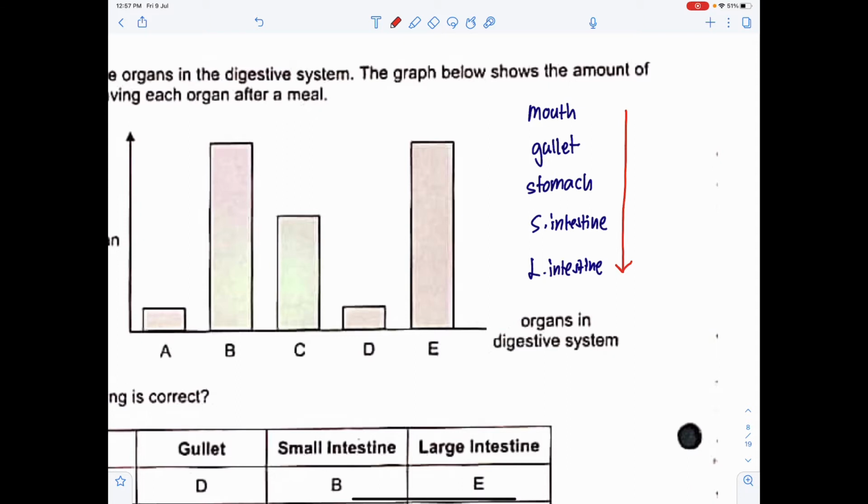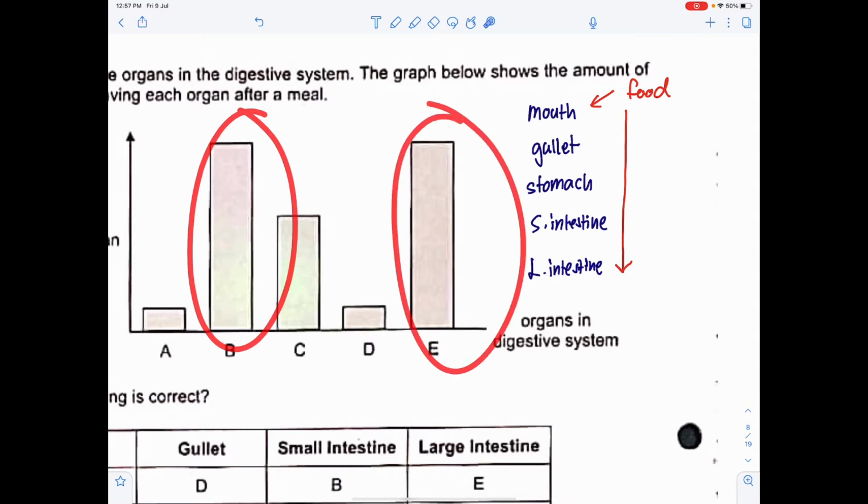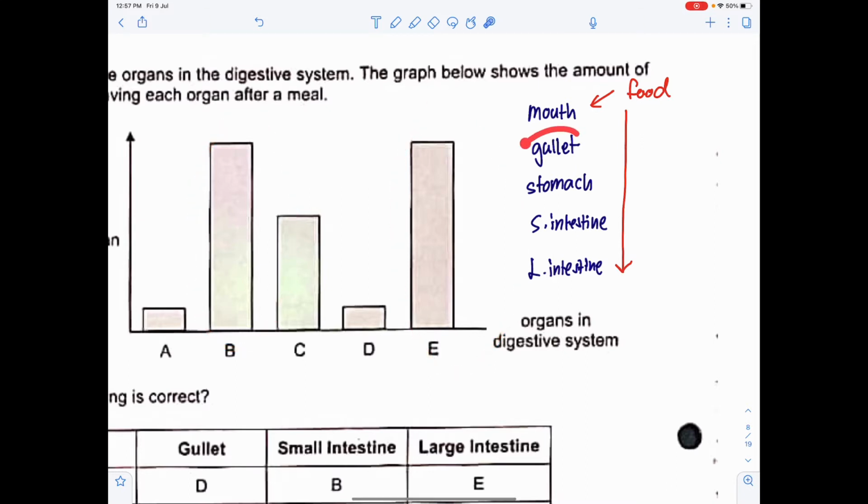Looking at this, you would know that food enters through your mouth, which means it has the highest amount of undigested food. Logically speaking, your B and your E can either be your mouth or your gullet.